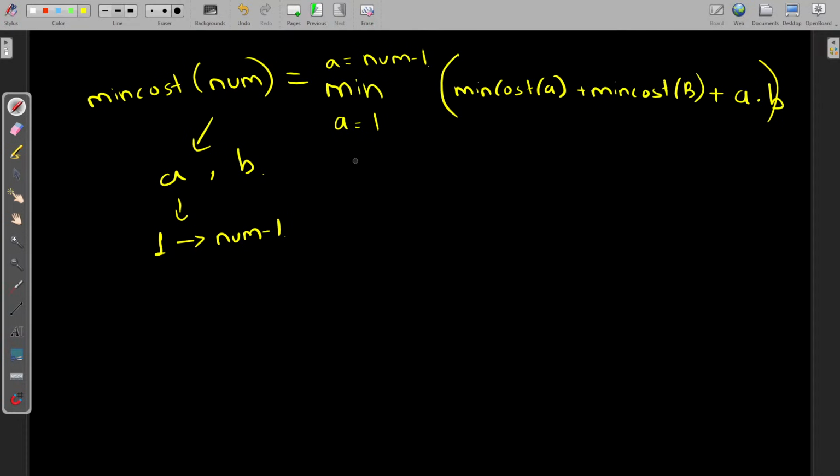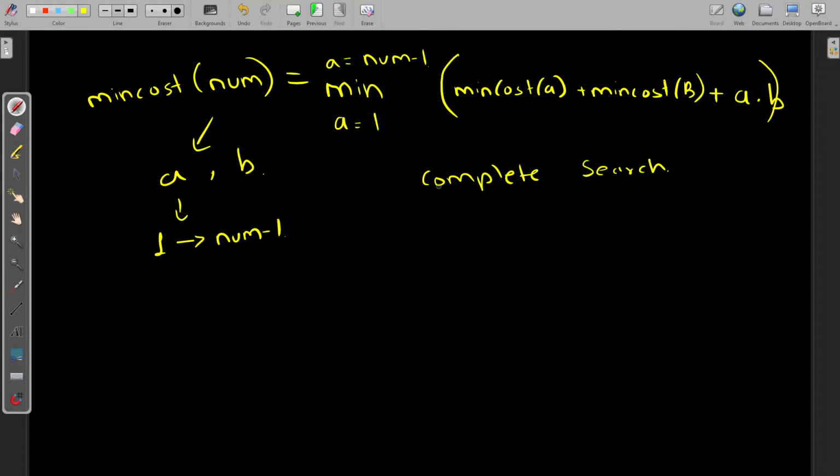So if we calculate this expression for all possible values of A comma B, then surely this would be a complete search, right? We'll have exhausted all our options. We will be exploring all the possible options. Then surely from all the possible options we can just take the minimum, right? So this is indirectly a kind of brute force, complete search kind of thing.